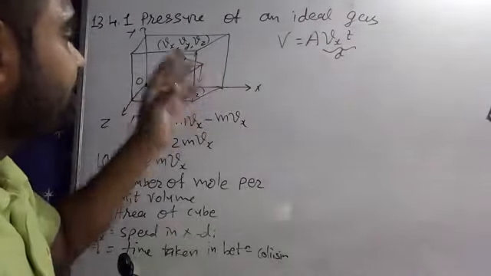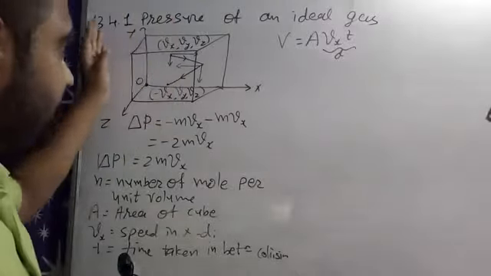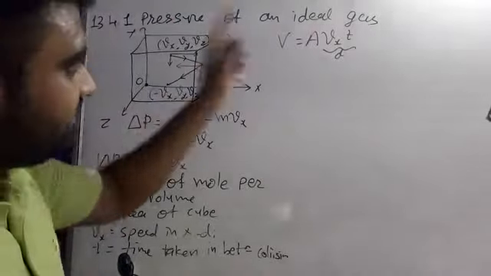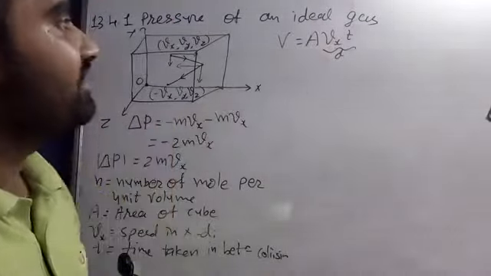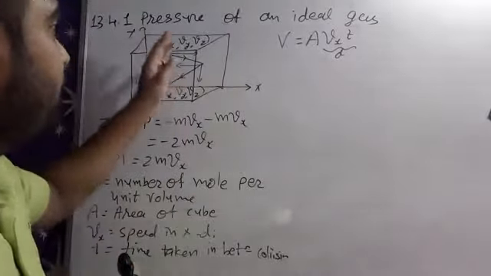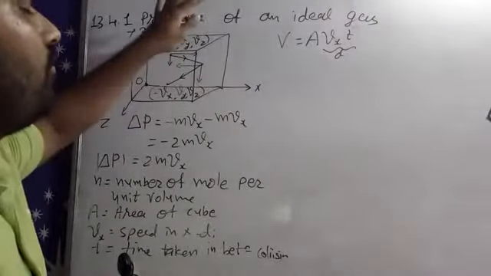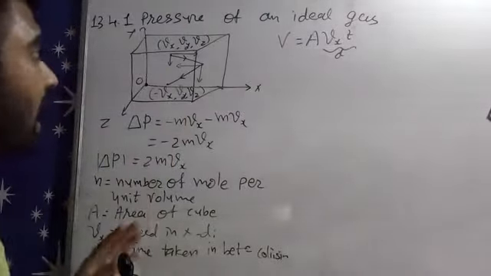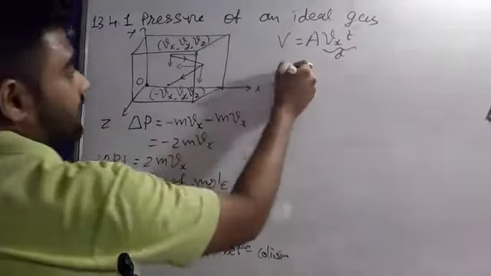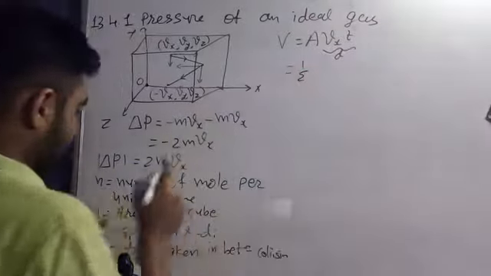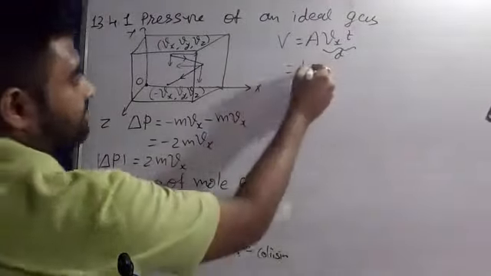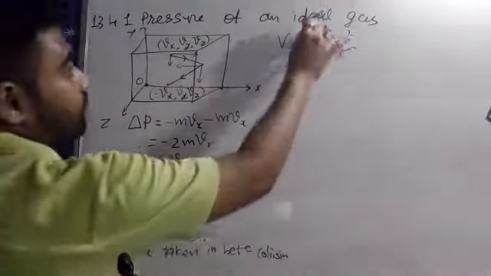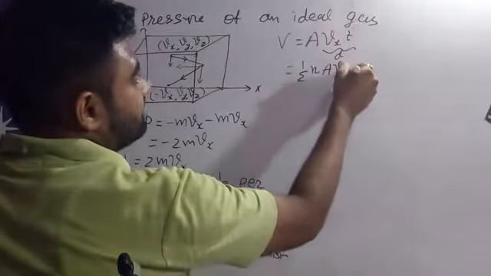If we assume similar ones going in the left hand side direction, then in the x direction the molecules are only half of the whole cube's molecules. So I have to write here half, then multiply this n, then the whole term A Vx into T.